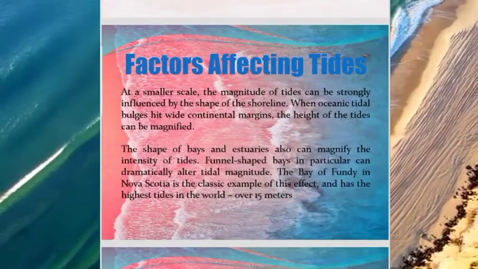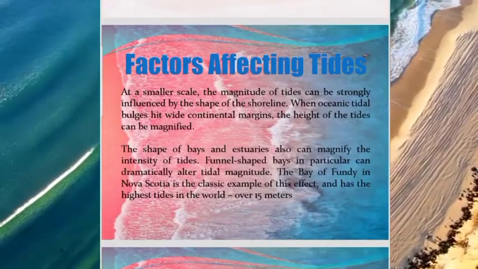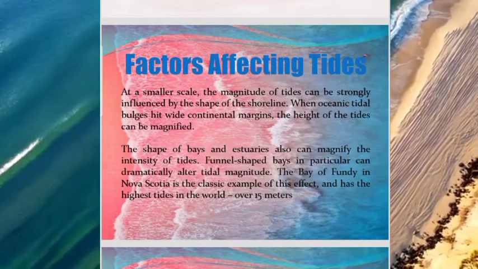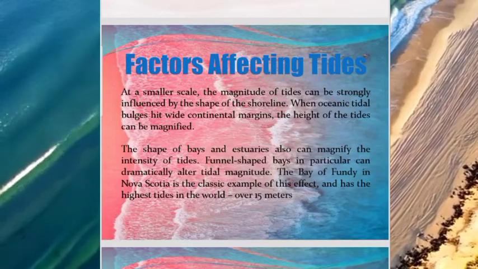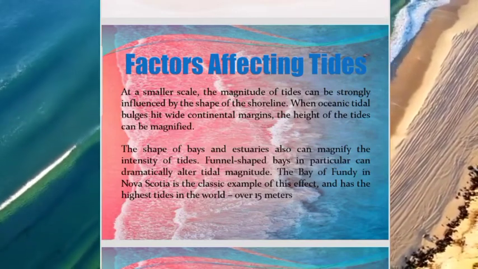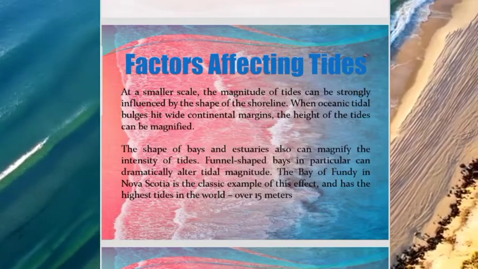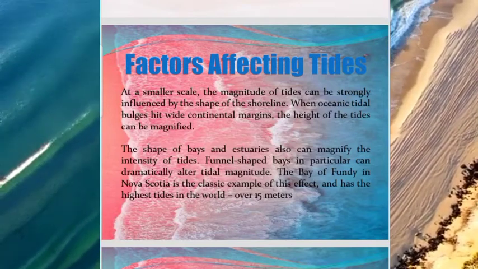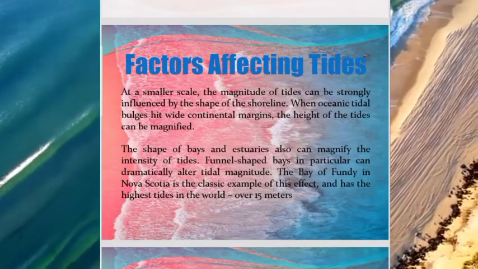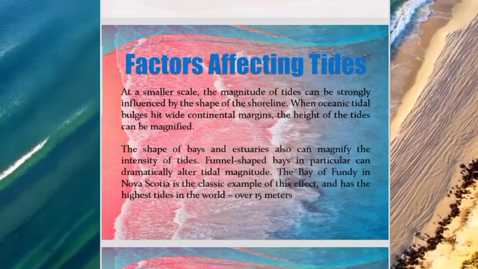Factors affecting tides. At a smaller scale, the magnitude of tides can be strongly influenced by the shape of the shoreline. When oceanic tidal bulges hit wide continental margins, the height of the tides can be magnified. The shape of bays and estuaries also can magnify the intensity of tides.